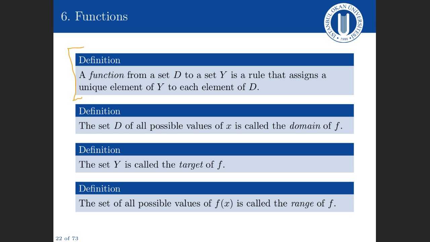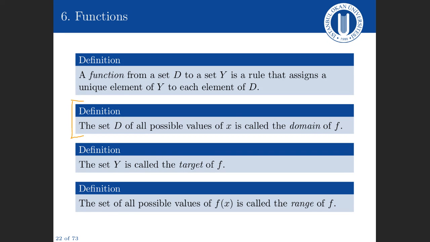Let me start with a formal definition. What is a function really? A function from a set D to a set Y is some rule which assigns a unique element of Y to each element of D. The set D, which is where we start, is the set of all possible values of x.